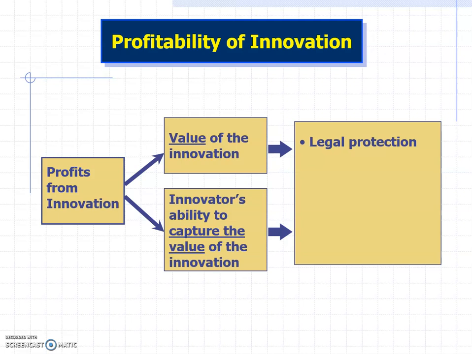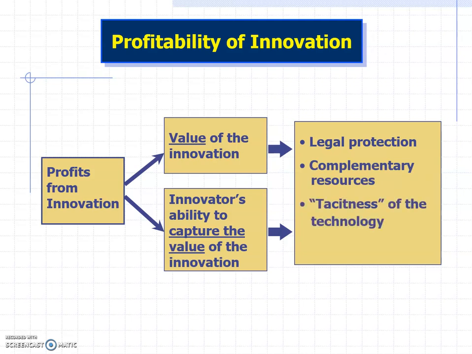If you get a strong patent, that's really good for protection, right? There's also complementary resources. We'll talk about these in more detail. The tacitness of the technology and lead time. And we call this the regime of appropriability.